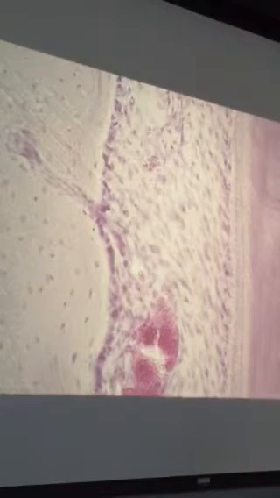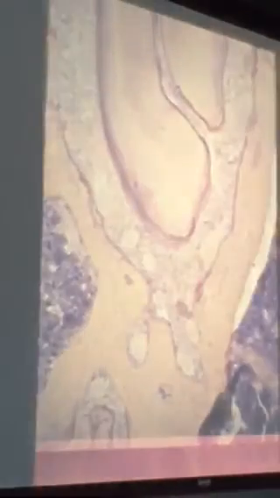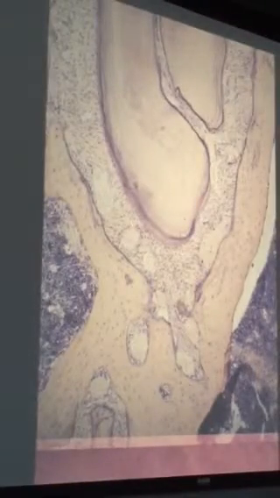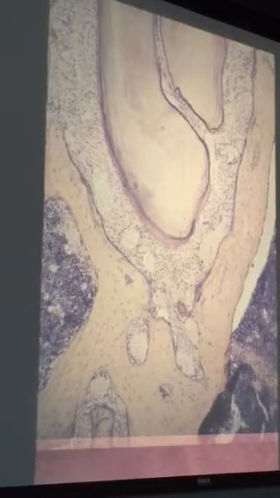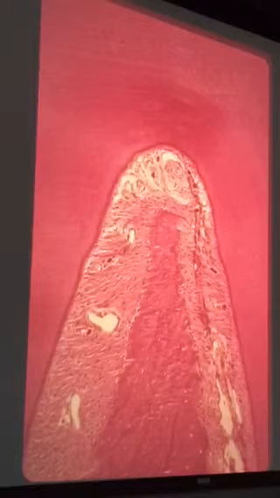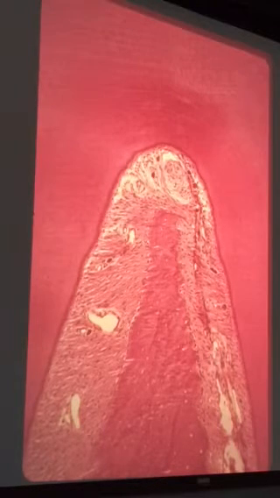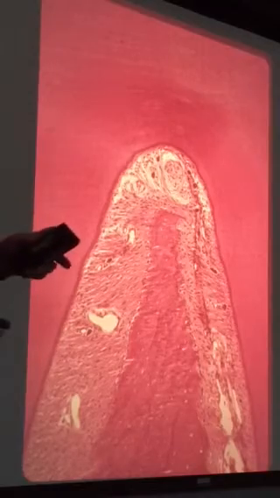How about these fibers? Dentoperiosteal. Oblique. It's the oblique fiber group. And down here we would have what? Apical fibers. And how about these? Interradicular fibers.